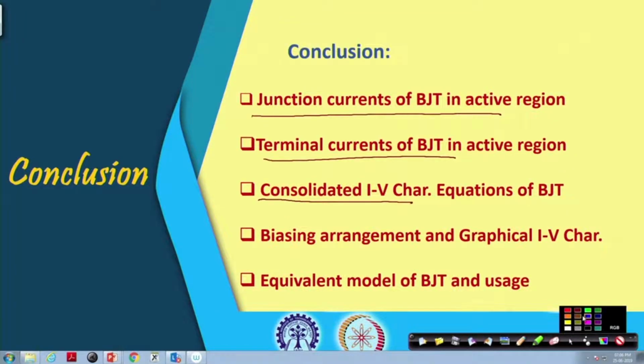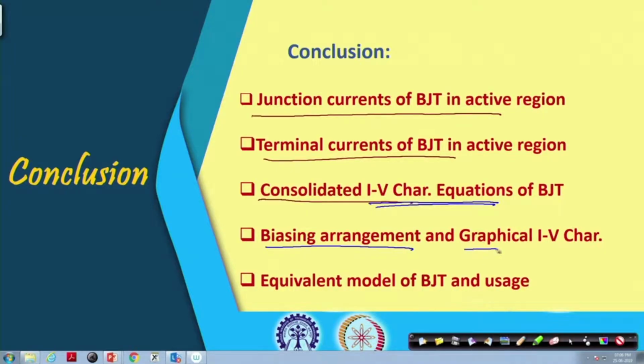In the second part, whatever IV characteristic we obtained from the device, we utilized that to analyze a circuit containing an NPN transistor, and also we saw what kind of biasing arrangement we have to use in an actual circuit.